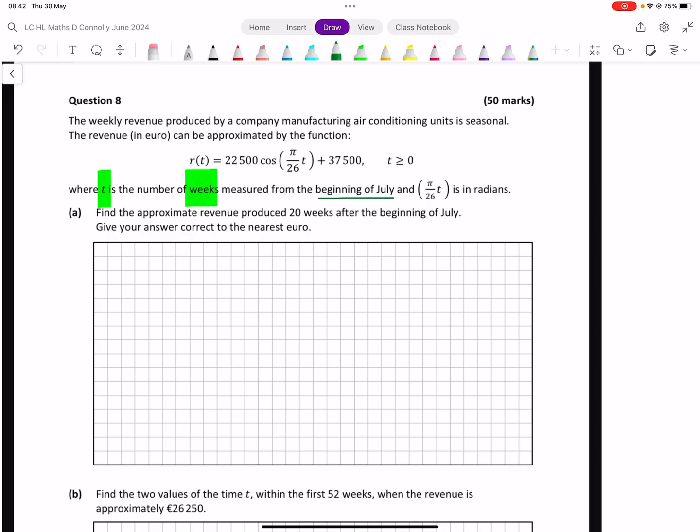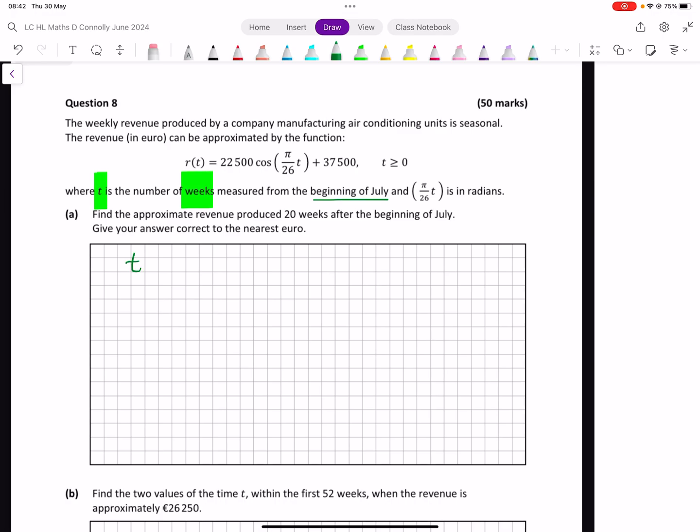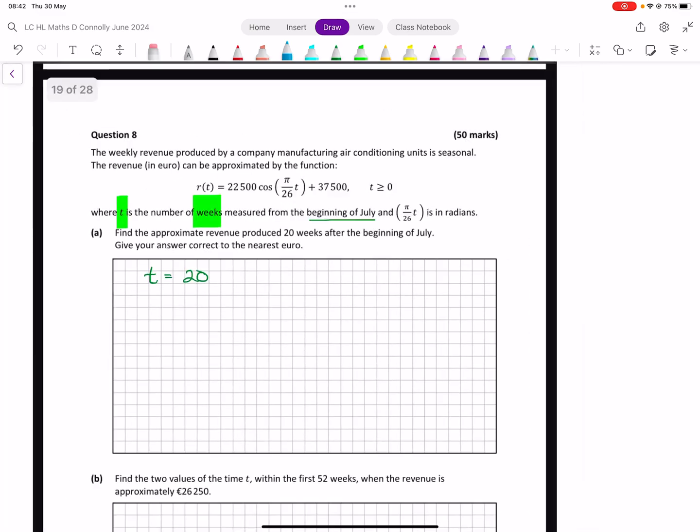So that just means t equals 20. The revenue is 22,500 cos of pi over 26 times 20, plus 37,500.